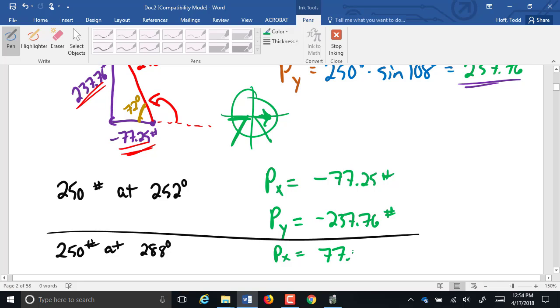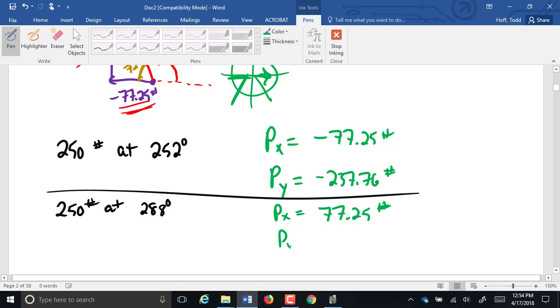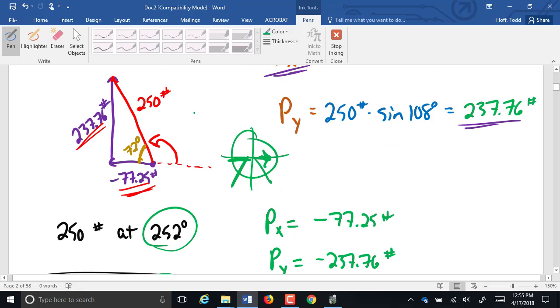So that's going to be just 77.25 pounds. And P sub y will be the negative 237.76. And again, those work that way because 288, 252, 108, and 72 all have that same reference angle of 72 degrees. So that reference angle is important.